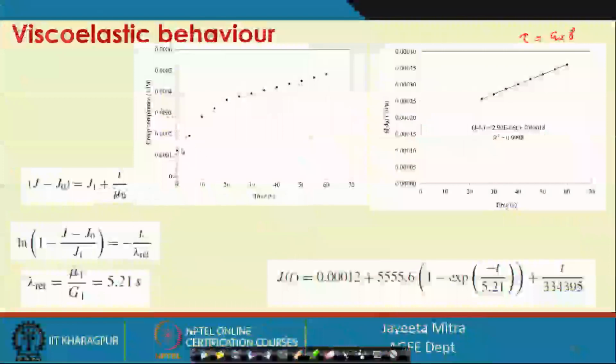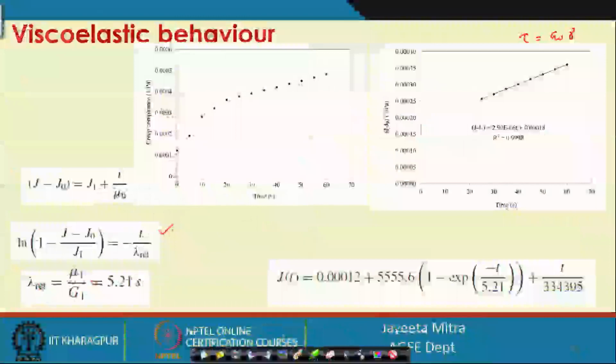Again, for the non-linear part, that is the gradual increase, that section we will plot with respect to time, so that the part of the Kelvin model, the parallel arrangement of the spring and the dashpot, can be calculated from this chart.